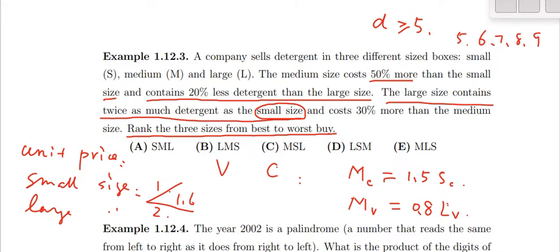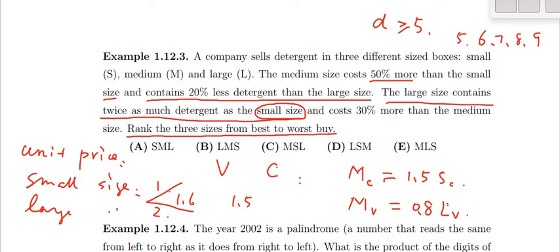So let's check the cost. The medium size costs 50% more. If we use the small size as 1, so if the smaller one is $1, then this is $1.5. The medium one costs 50% more than the smaller one.